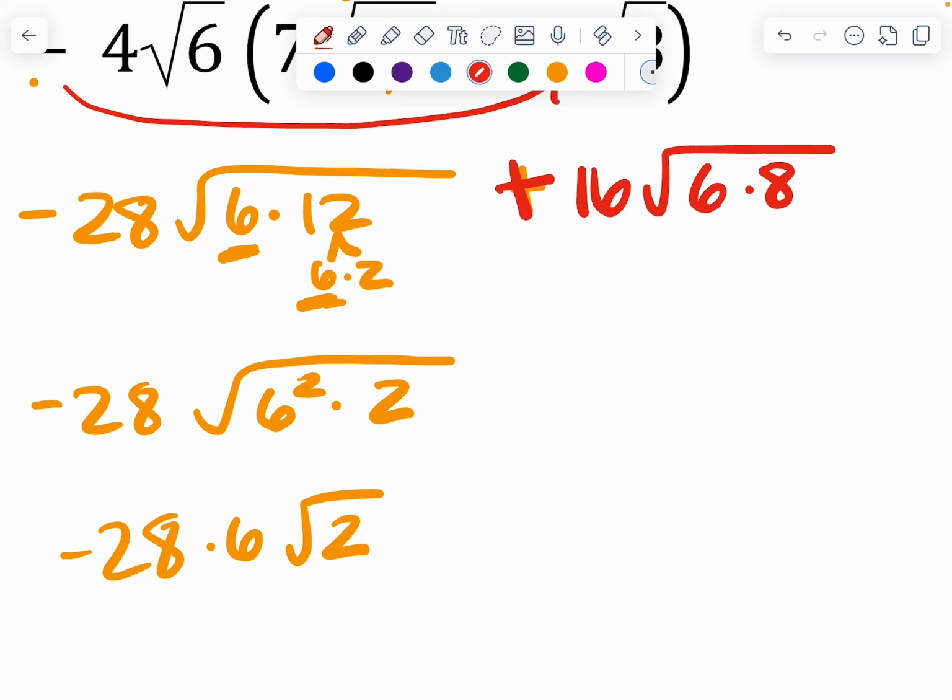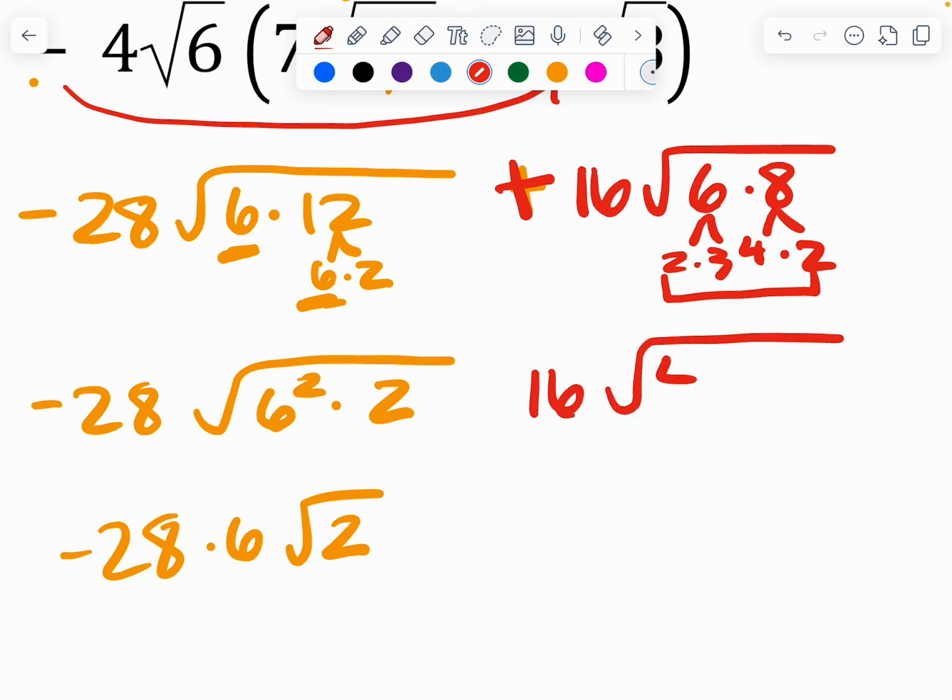Then over here, oh, this is going to be 4 times 2. This is going to be 2 times 3. Wouldn't this also make 4? So I would have 4 squared times 3. So 16 times 4 radical 3.